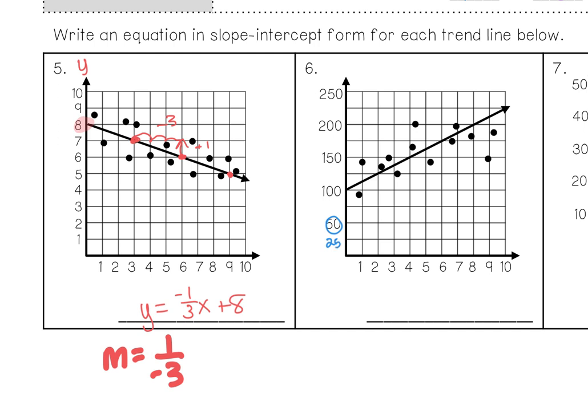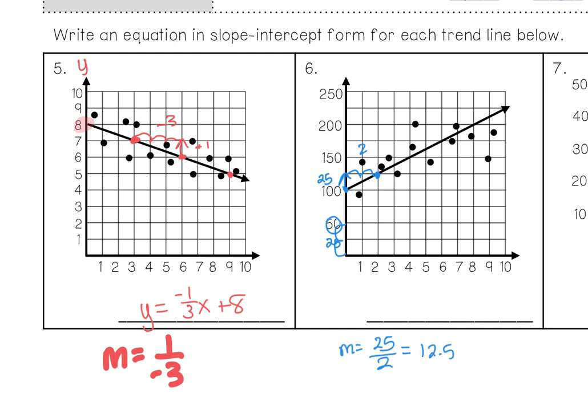Okay, let's pick 2 points. Let's see, I like this one and this one. Okay, the rise, how much did we rise up? Not by 1. 25, because each of these go by 25. How much did we run? By 2, okay? And be careful because on a test, they could change this to 12.5.